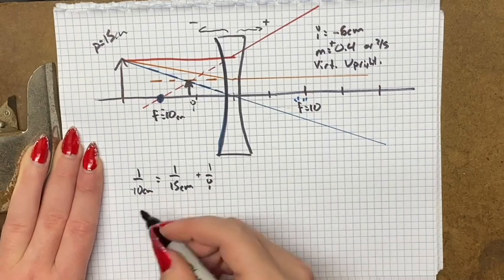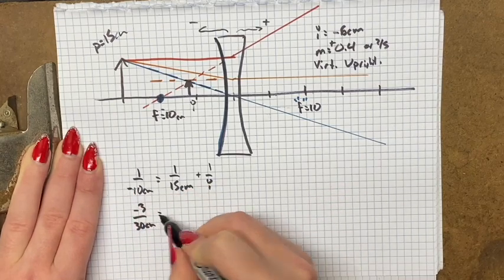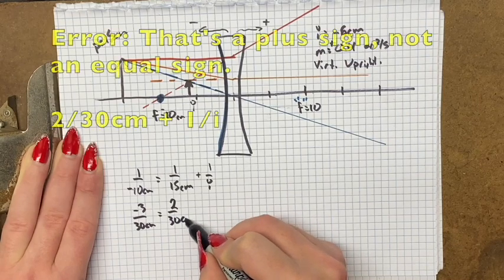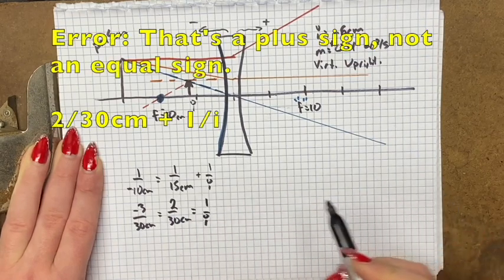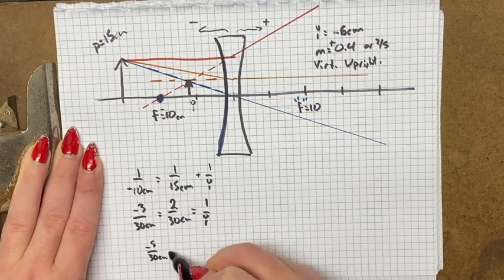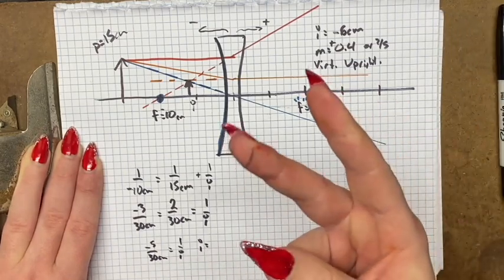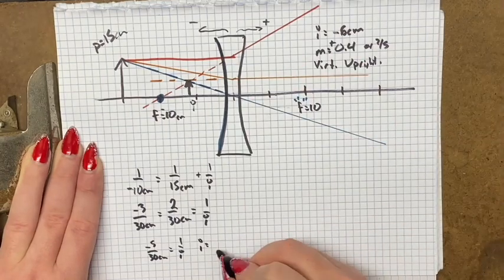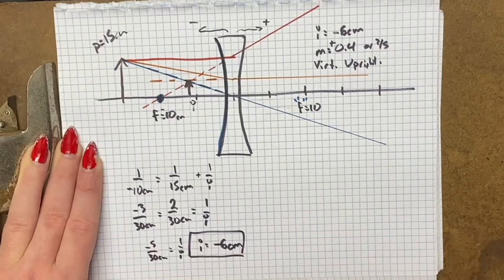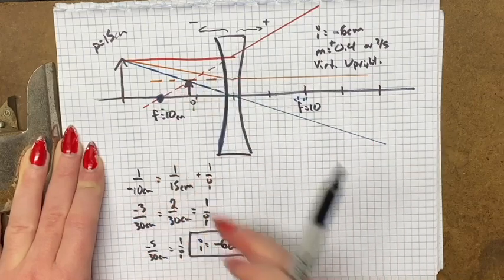What's common to these two is 30 again, so this looks like minus 3 over 30 equals 2 over 30 plus 1 over I. And minus 3 minus 2 gives me minus 5 over 30. This was exactly 6 centimeters. And I had a suspicion this was a good picture when all 3 of these landed at the same point.